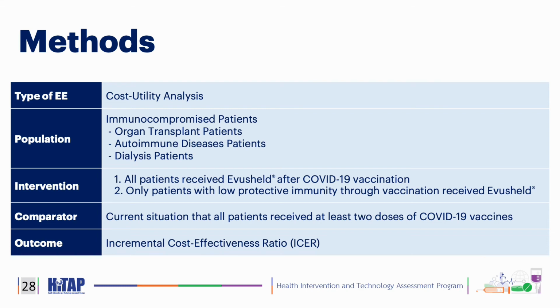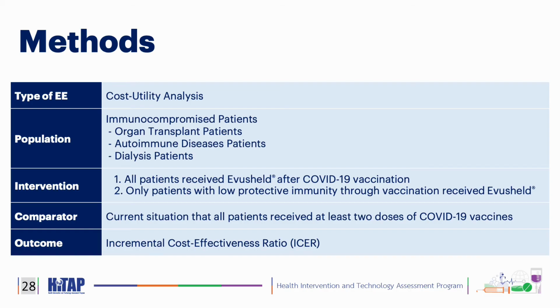In this study, the type of economic evaluation we use is the cost utility analysis. The population in our study is the immunocompromised or high-risk patients, as you see in the title, including organ transplant patients, autoimmune disease patients, and dialysis patients.